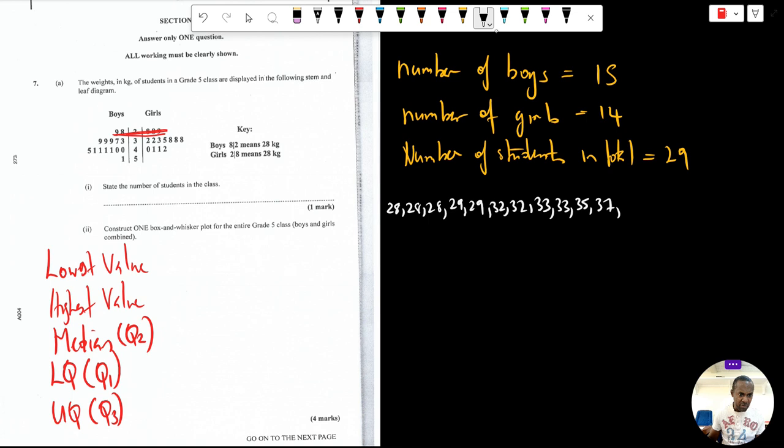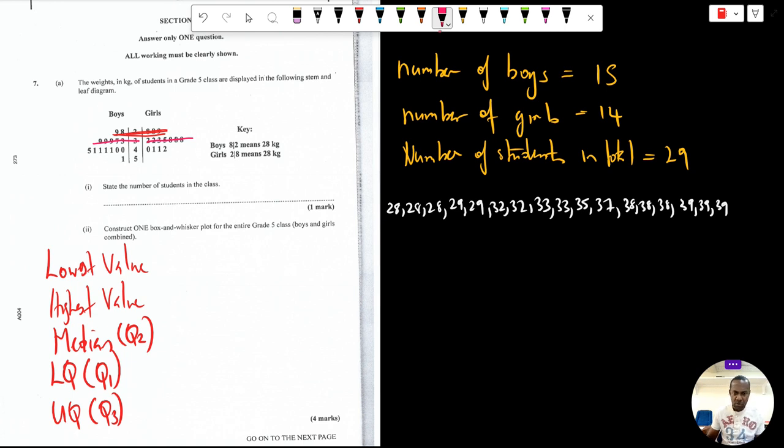And we have three 38s for the girls and three 39s for the boys. So write down 38, 38, 38, followed by 39, 39, 39. And that now takes care of the second stem. So yes, let's continue.